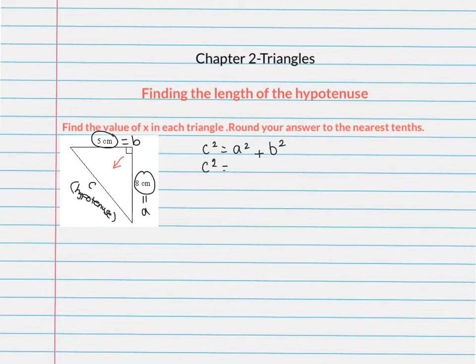C squared is unknown, we need to find it. A is 8 to the power of 2 plus b, which is 5 to the power of 2. So we have c squared equal to 64 plus 25. Then c squared is equal to 89.